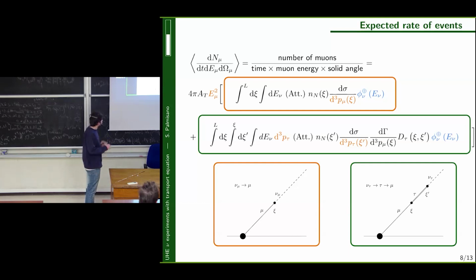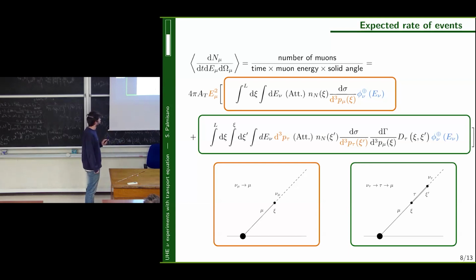In the case of tau-initiated events, it is much more involved because the tau neutrino converts to a tau at a point psi prime over which one sums. Then the tau travels a certain distance, and at a point psi converts to a muon over which you sum.